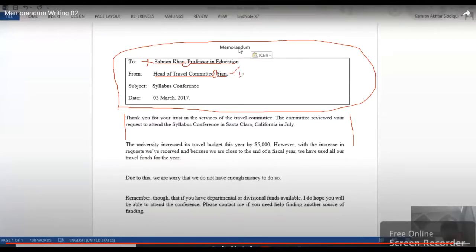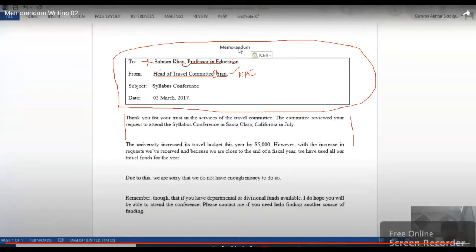If not, he can also put, for example, his initials. For example, KAS. Now, these are the initials, Kamran Akhtar Siddiqui. So you can put initials also after Kamran, after this forward slash. But a technical point is that you have not written your name.